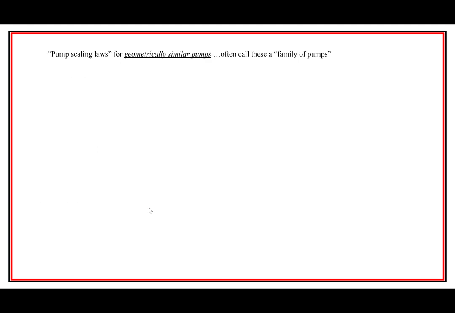So let's work through those. Pump scaling laws, for geometrically similar pumps, or they could be the same manufacturer, or it could be actually the same pump model, but just done at a different diameter, impeller, or speed. These are called a family of pumps.